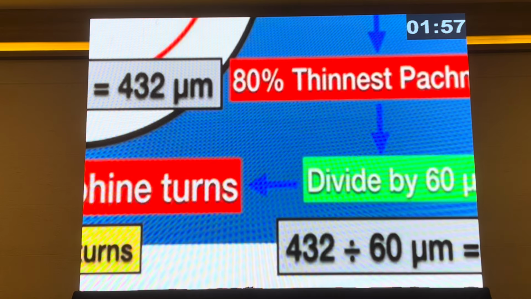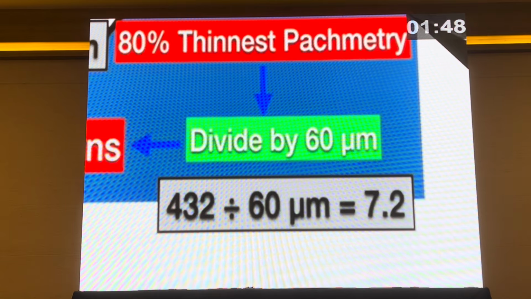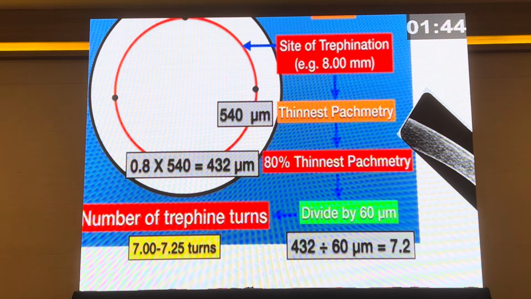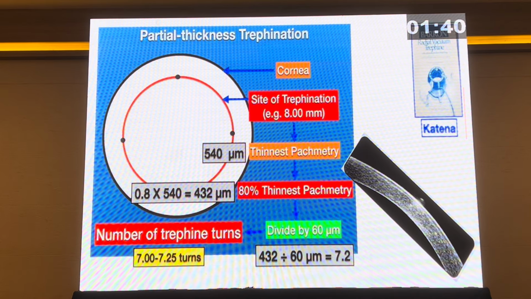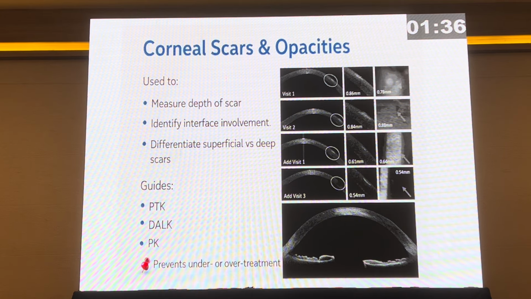Then I divide it by 60. 60 means every quarter turn in the Belfast refine cuts 60. So I divide the 432 by 60, which tells me 7. That means I have to make 7 quarter turns to my Belfast refine so that I can have a good depth and then proceed with my DALK steps.